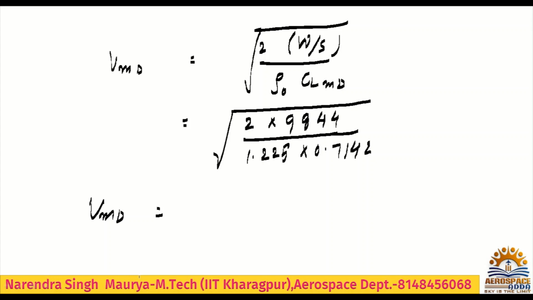Let me check once. 29,844 divided by 1.2. You can check the calculation. Root. It is 150. 150.01 meter per second. All right.